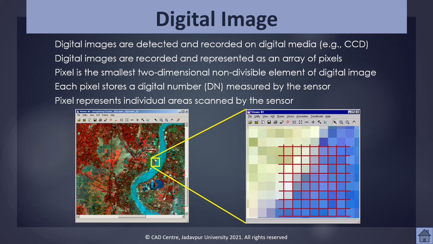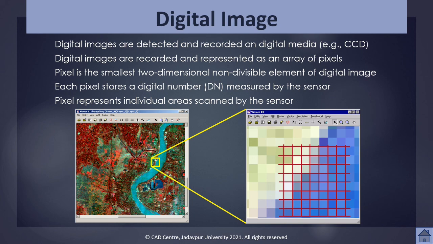This value basically controls how they appear on the computer monitor or screen, or how they will appear on paper once we take a printout. And this pixel is basically the smallest part of an image. We cannot subdivide a pixel further, and each pixel represents a specific geographic area.